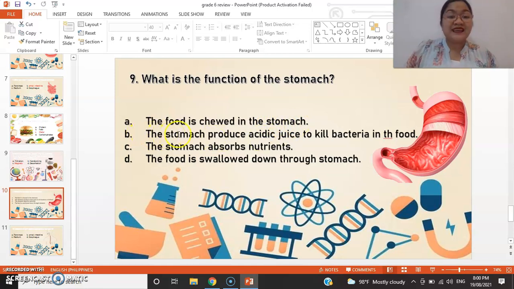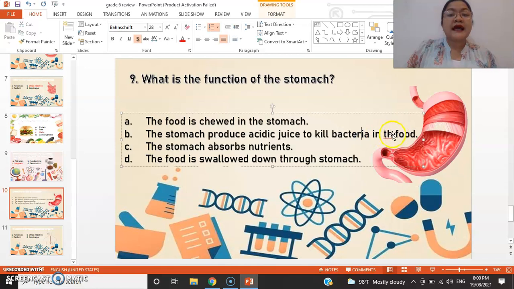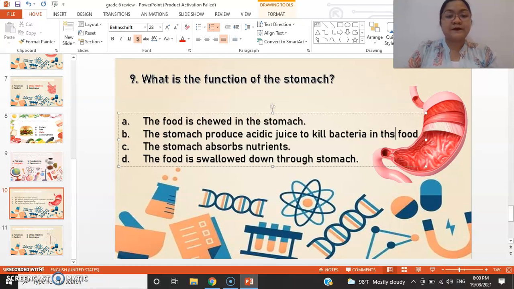Letter B. The stomach produces acidic juice to kill bacteria in the food. Letter C. The stomach absorbs nutrients.